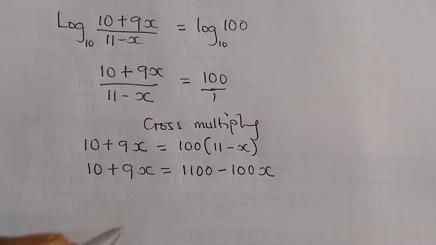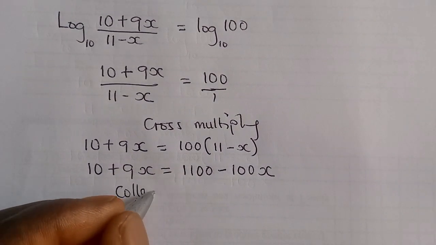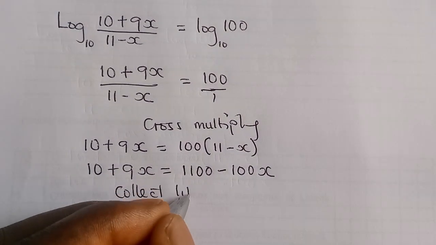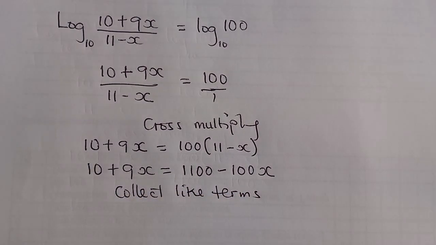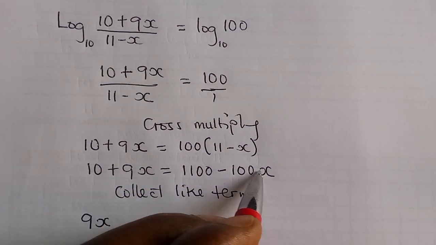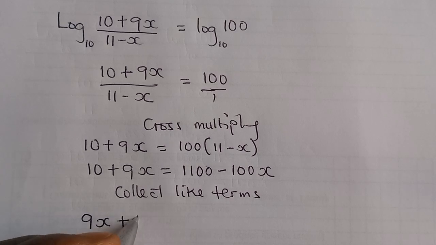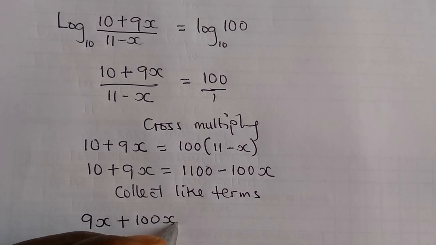So at this point, we'll collect like terms. Collecting like terms, we have 9x. This negative 100x crossing the equality sign becomes plus 100x.